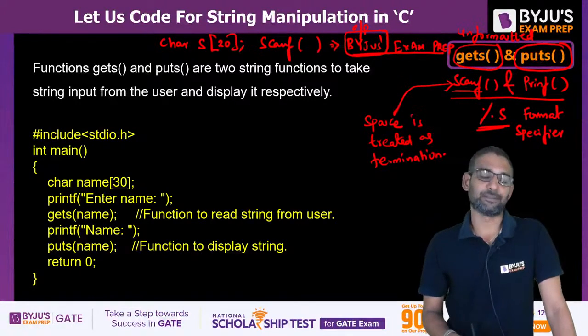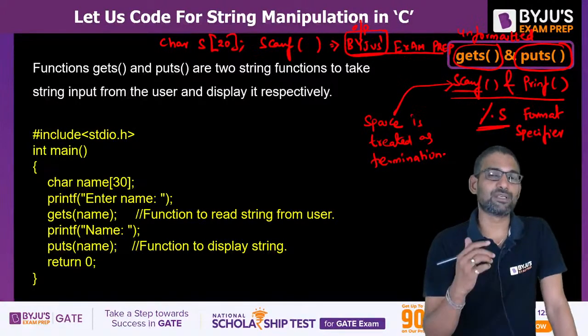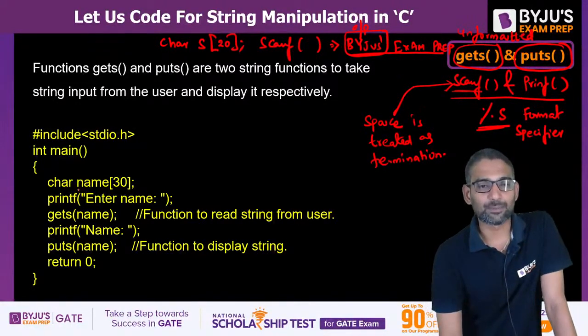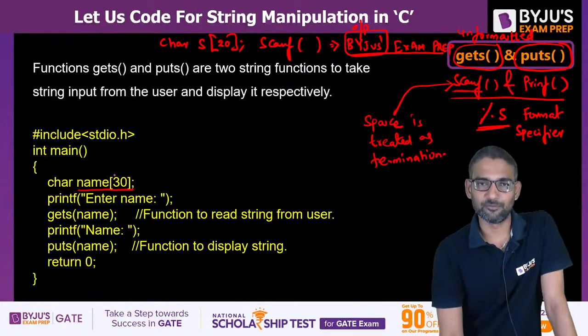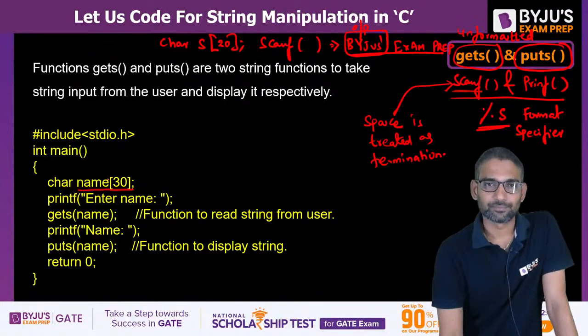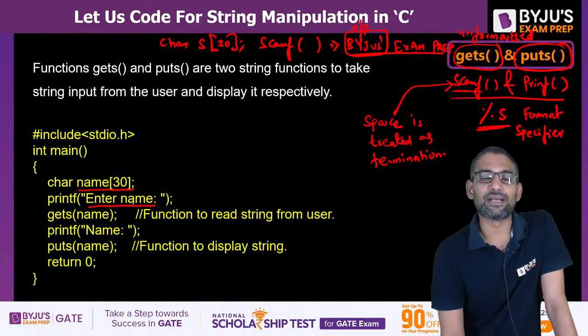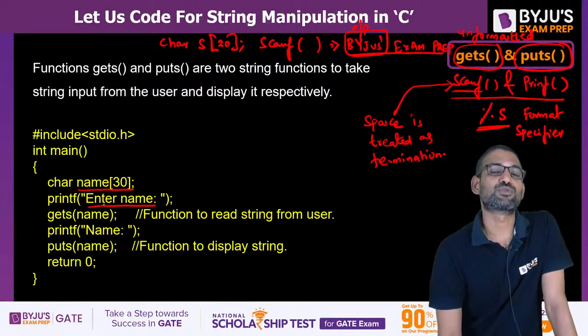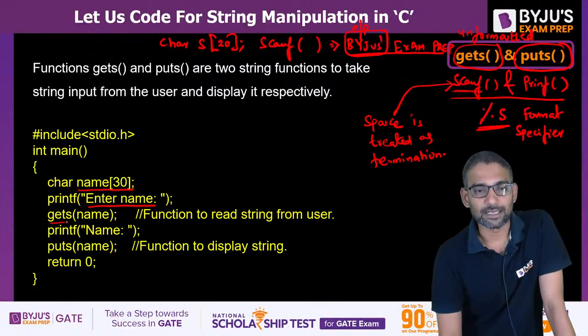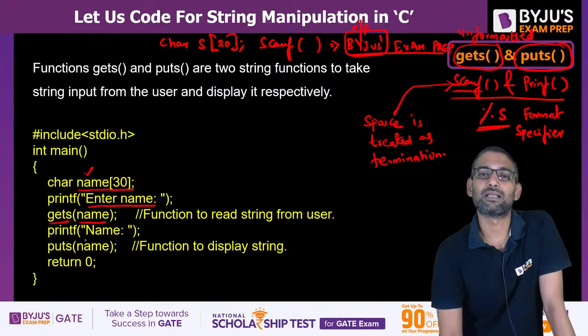As you see in the example program here, suppose I have created a character array named name with size 30. I am asking the user to enter the name. Instead of scanf, what am I using? gets. So gets of array name. What is the array name? name.